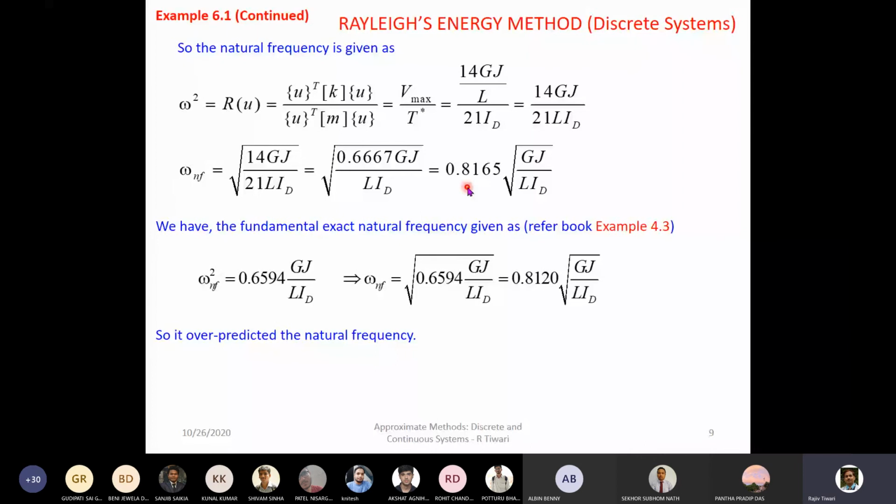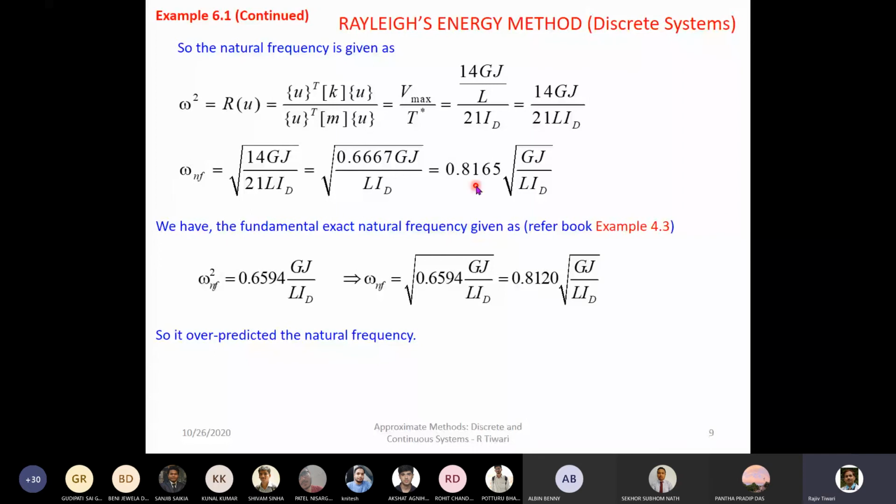This particular solution is from the eigenvalue problem which we discussed in chapter 4. In fact, this particular example has been solved using the eigenvalue problem in example 4.3. So the first natural frequency of that particular system is this much. Now if you compare these two, you'll see that the approximate natural frequency is more than the actual one.